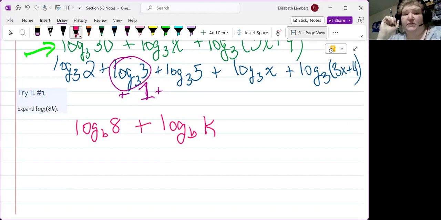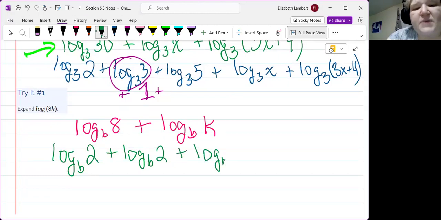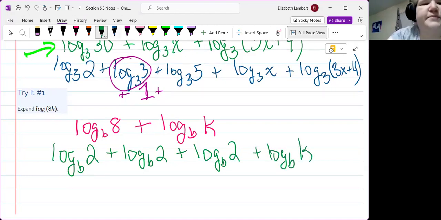But 8, I know, is 4 times 2, which is 2 times 2 times 2. So I could also write this as log base b of 2 plus log base b of 2 plus log base b of 2 plus log base b of k.